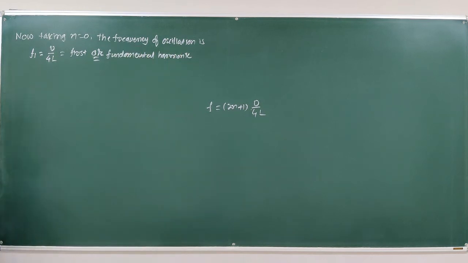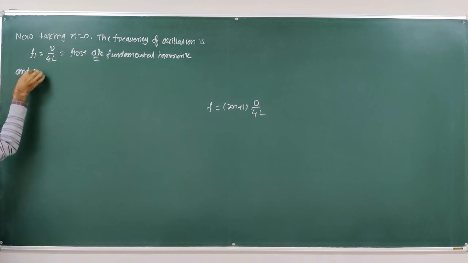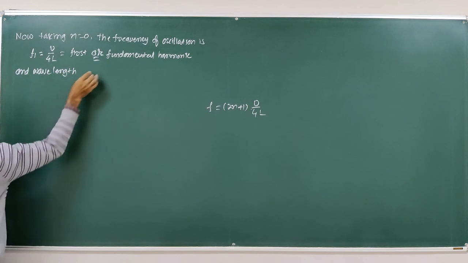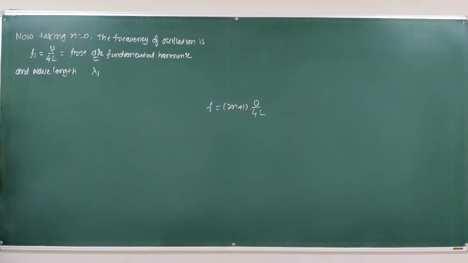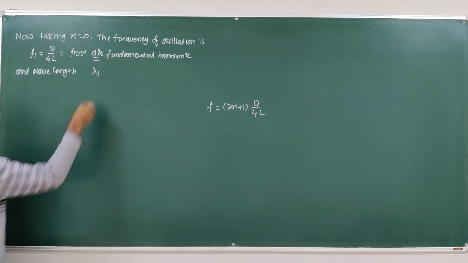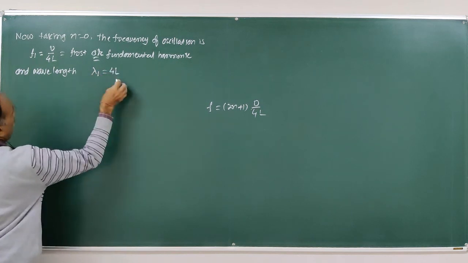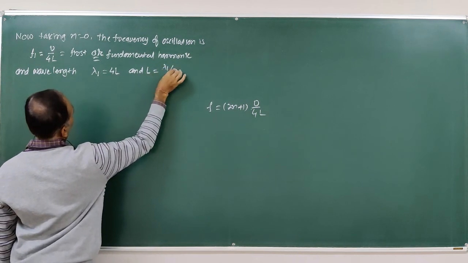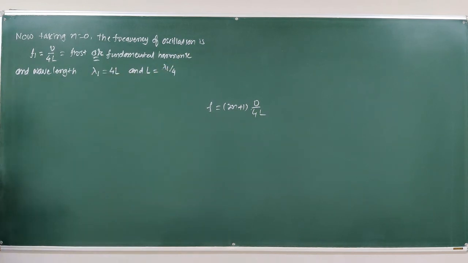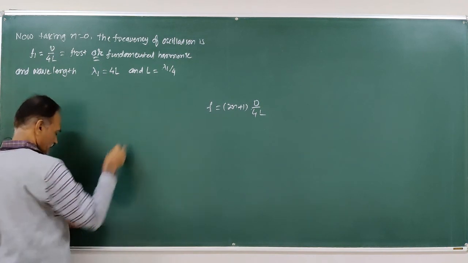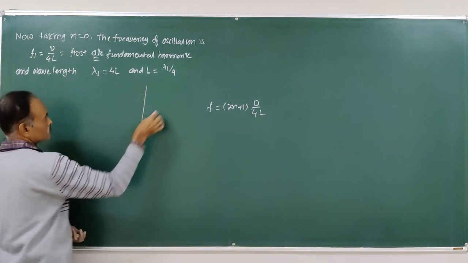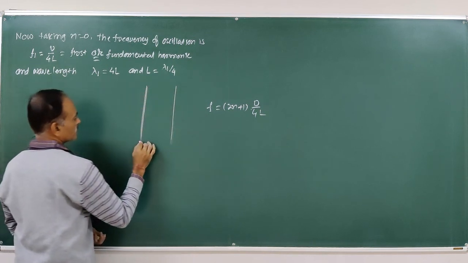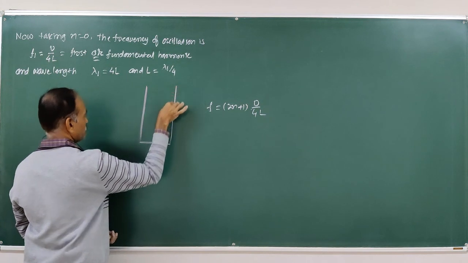And wavelength λ1 is equal to 4L, and length L is equal to λ1 by 4. Therefore, the figure becomes like this. There is the glass tube partially filled with water.